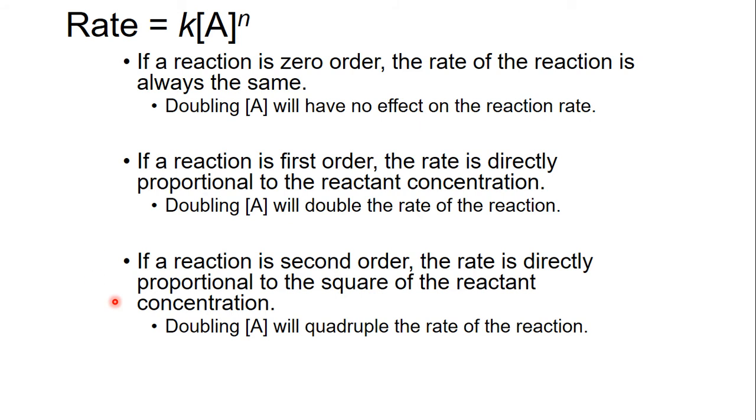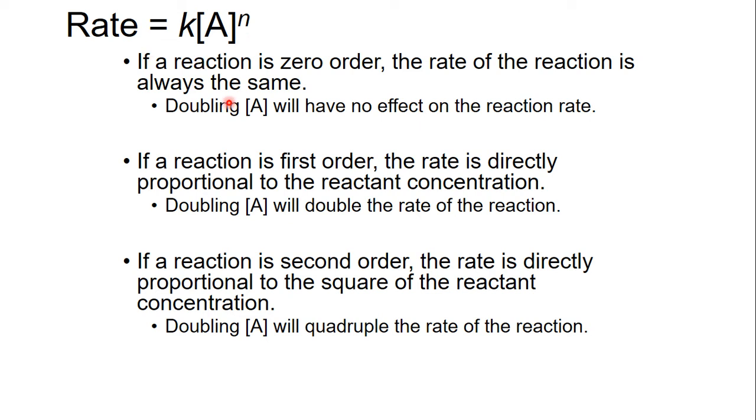Now, if n is 2, that's second order. That means the rate is proportional to the square of the reactant concentration. If A is 2 again, 2 raised to the power of 2 is 4, so our rate is 4K. Now, if A is 4, 4 raised to the power of 2 is 16, so now it's 16K.